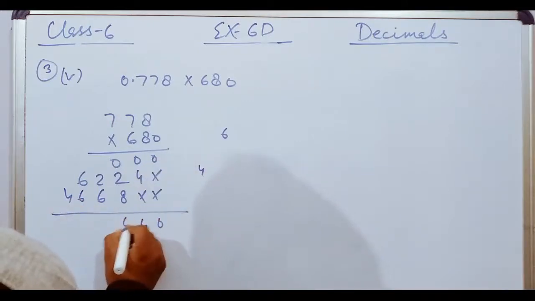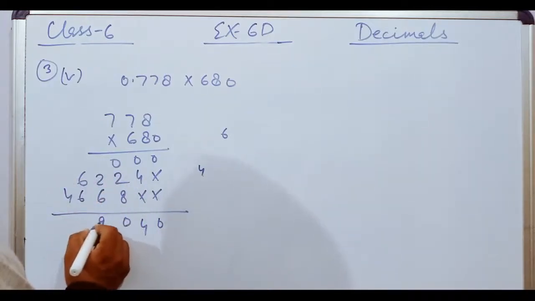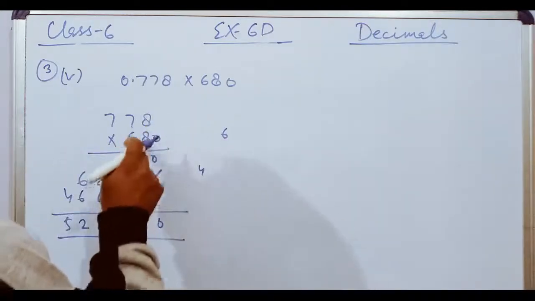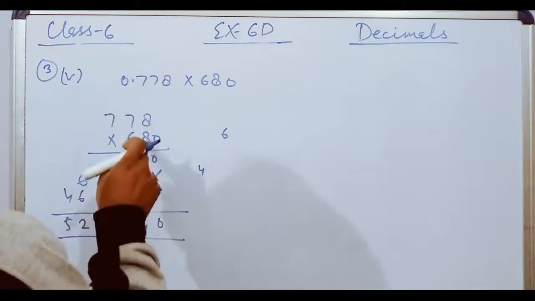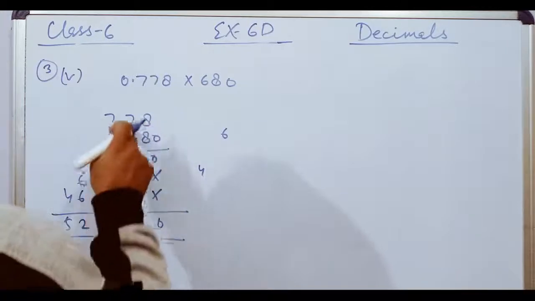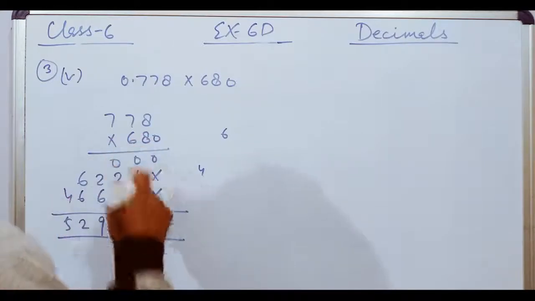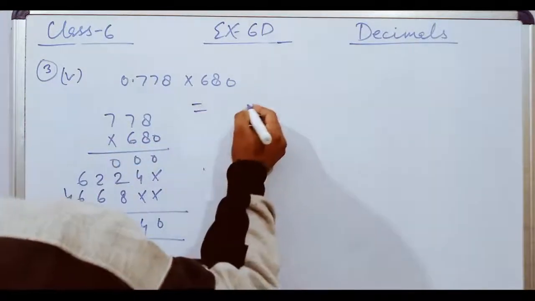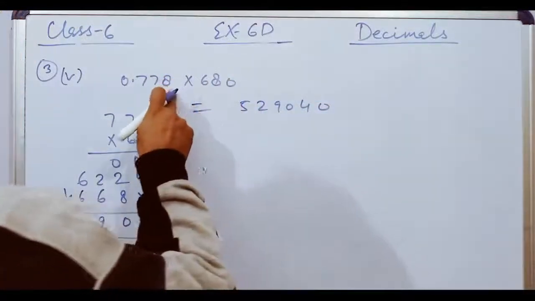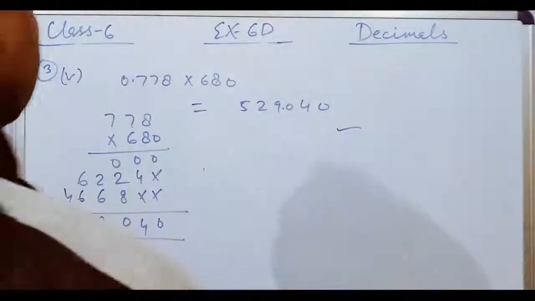Then we add, and this is 9 because carry 1 is 9, then 12, 5. Now equal to 529040. After how many digits will we put the decimal? 1, 2, 3 on the left side, 1, 2, 3. This is the answer, dear student. Now the exercise is completed.